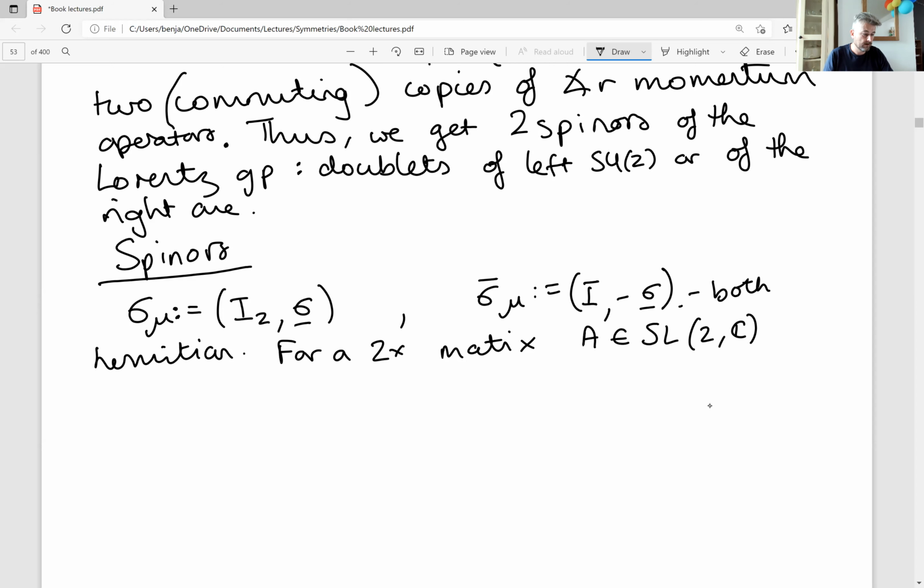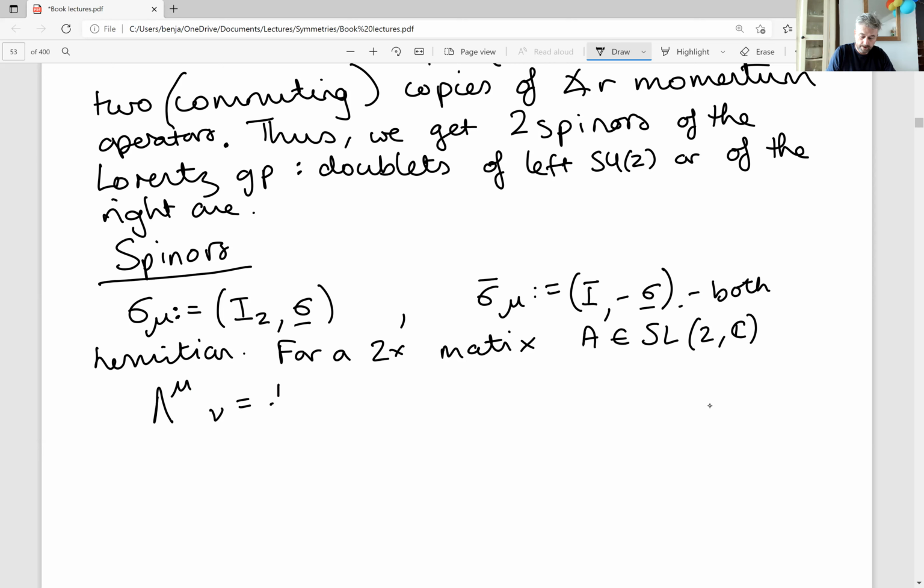Then we have a map between our members of the Lorentz group and these matrices. It's an exercise that's brought out for you in the book. It takes you through how to obtain these two relations.